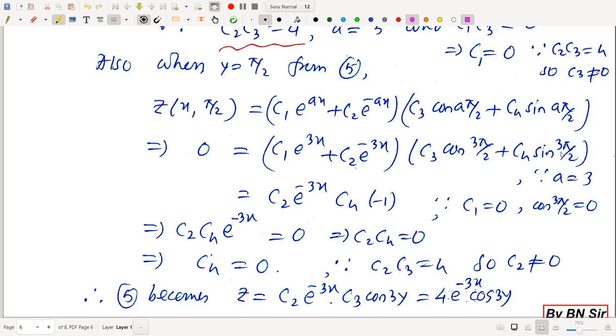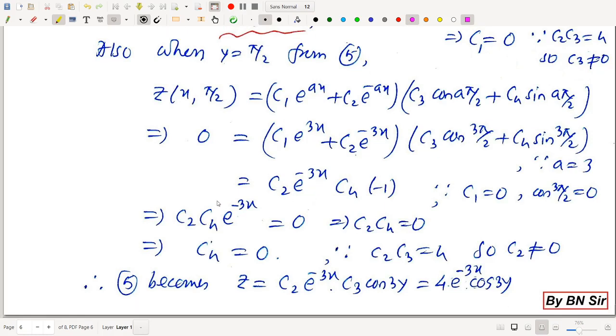Sin 3π/2 is minus 1, so c4 into minus 1, and the c3 part is 0. Since c1 is also 0, we get c2 c4 e^(-3x) equal to 0, that is c2 c4 equal to 0. e^(-3x) is never 0, but c2 c3 equal to 4, so c2 cannot be 0, therefore c4 should be 0 here.